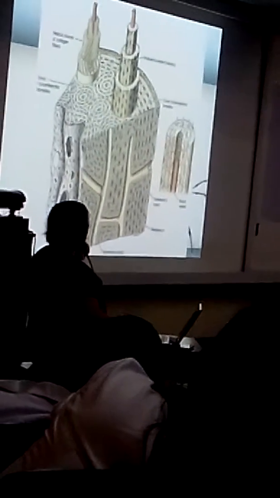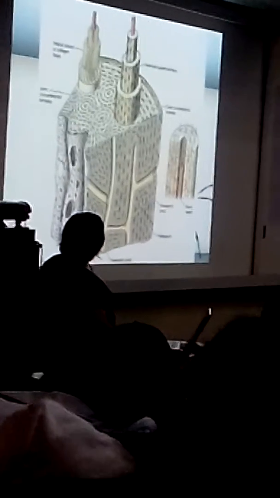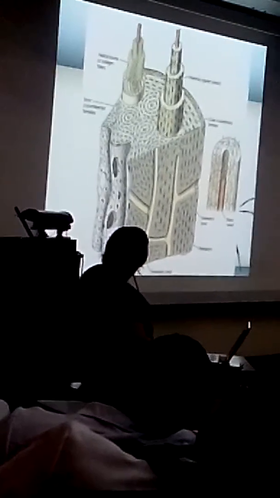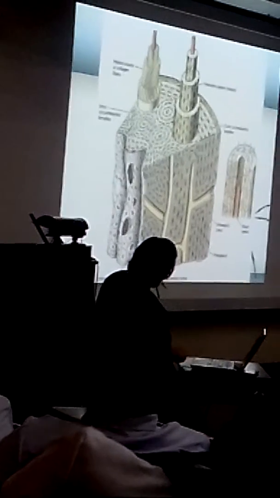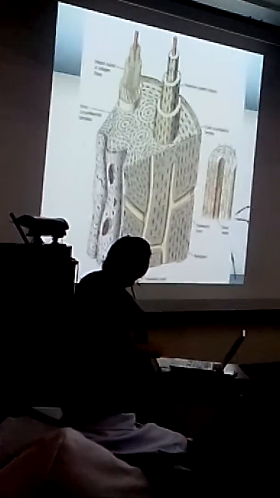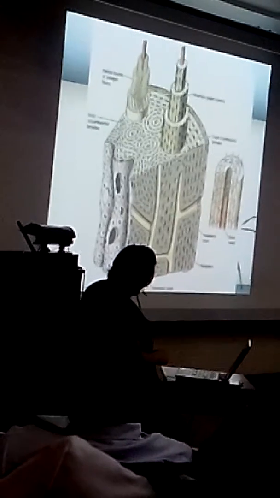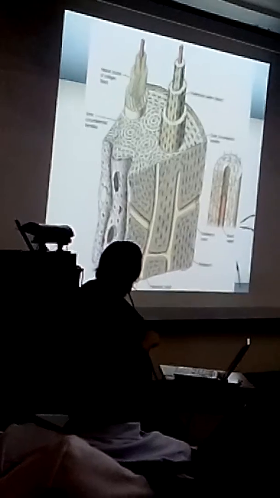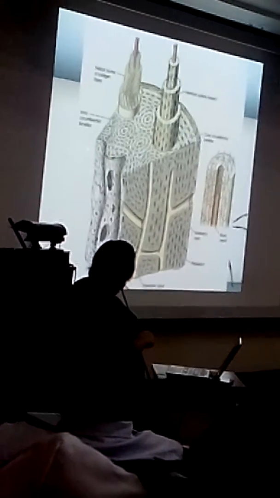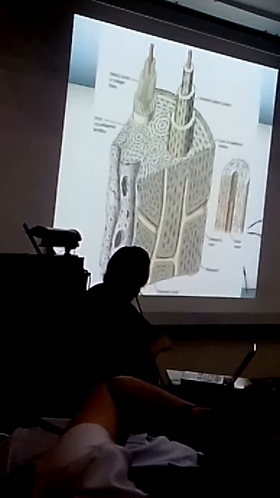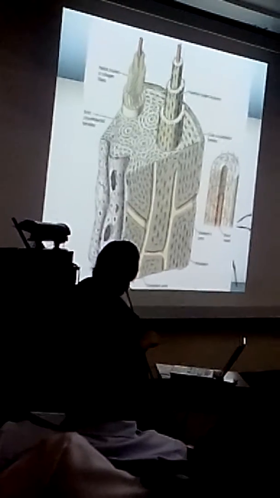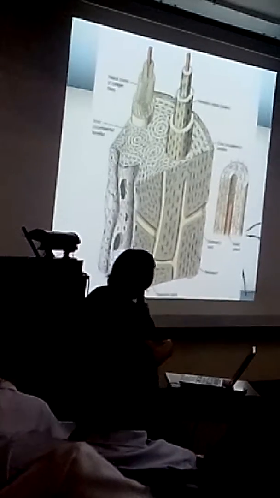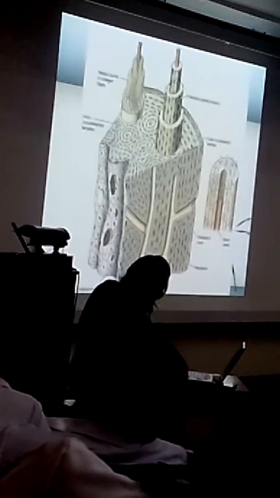So if it was difficult for you to imagine the earlier slide, this is a good illustration of it. We mentioned the outer. You can see there's a periosteum, there's a circumferential lamellae. The outer part, usually you will see beside the skeletal muscles. And the inner one, near the marrow, you will see the inner circumferential. And in between the Haversian systems, you'll see the interstitial. And then we can see one Haversian system.